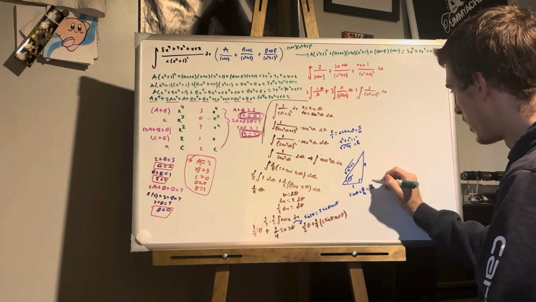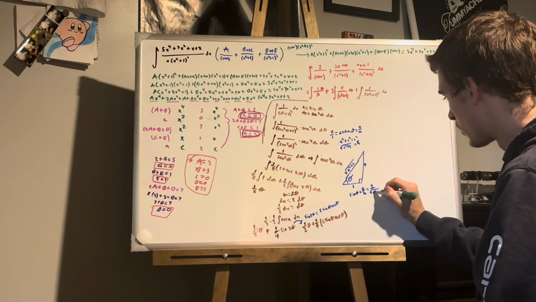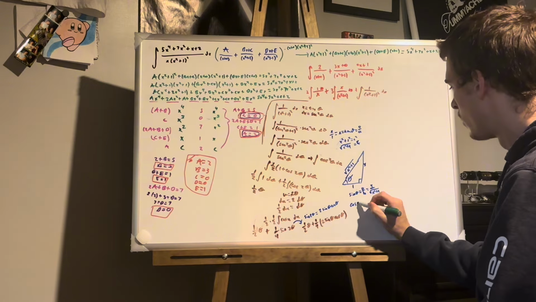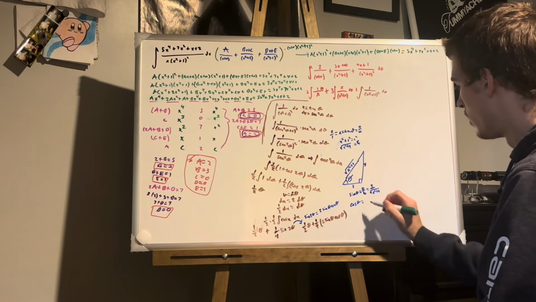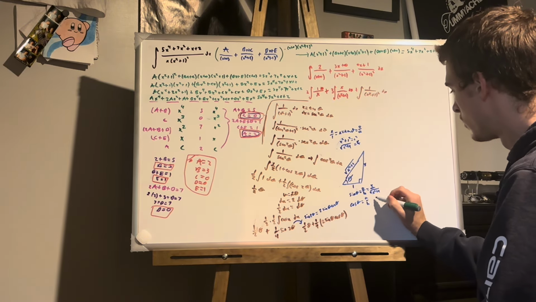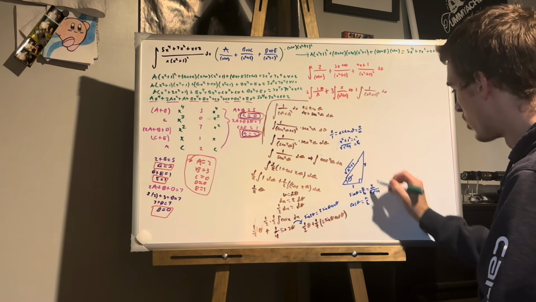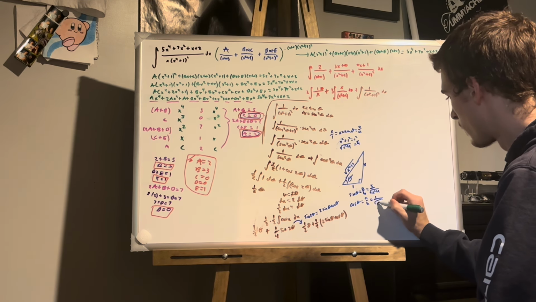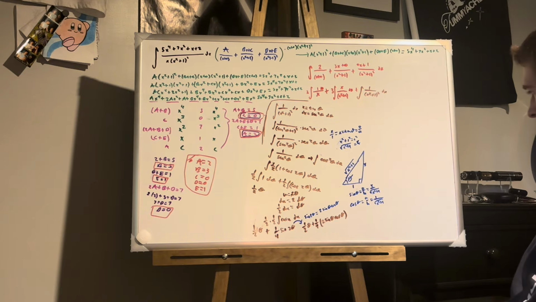It's x. And our hypotenuse is the square root of x squared plus 1. Our cosine of theta is equal to adjacent over hypotenuse, and our adjacent is 1, and our hypotenuse is the same, the square root of x squared plus 1.